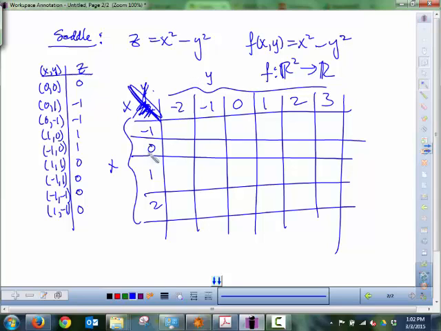So you have the x and the y, the 0, 0 business over here. So when x is 1, y is 0. I think that's going to be a 1. When x is 2, y is 0. Should be 4, right? 2 squared minus 0 should be 4.